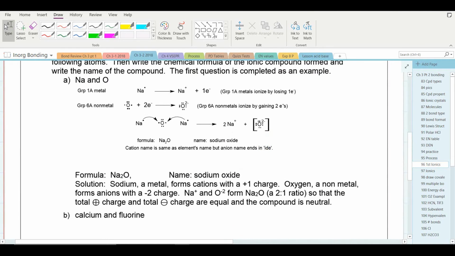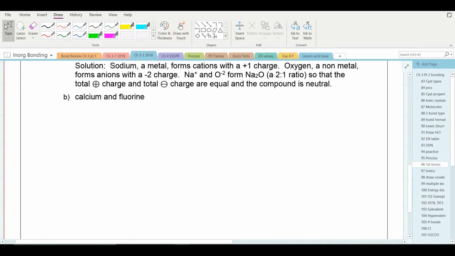I have a worked example here for sodium and oxygen forming sodium oxide, but let's jump right in and go to calcium reacting with fluorine. Calcium is in group 2A, and that means it has 2 valence electrons. And it would like to lose both electrons and form Ca plus 2 ion, releasing 2 electrons.